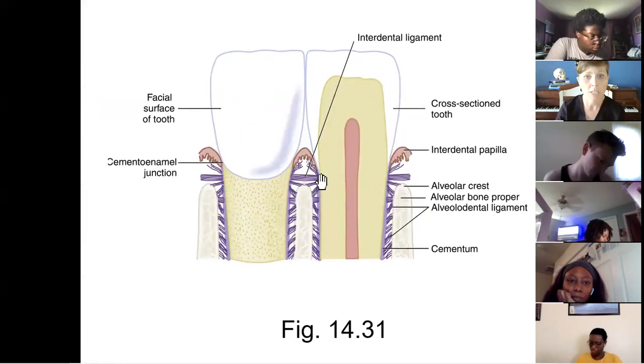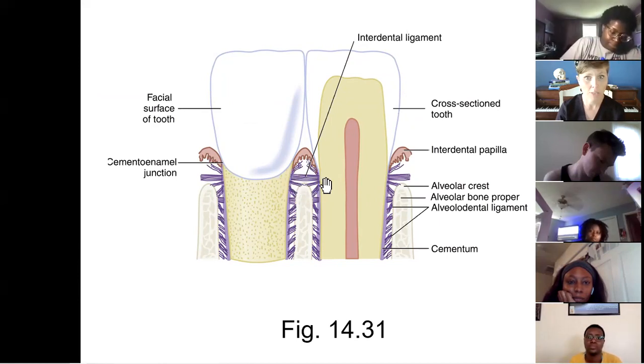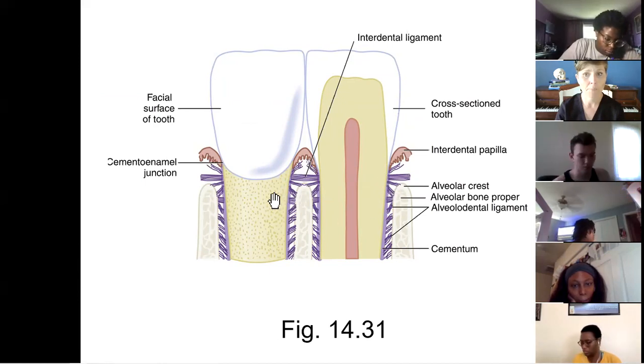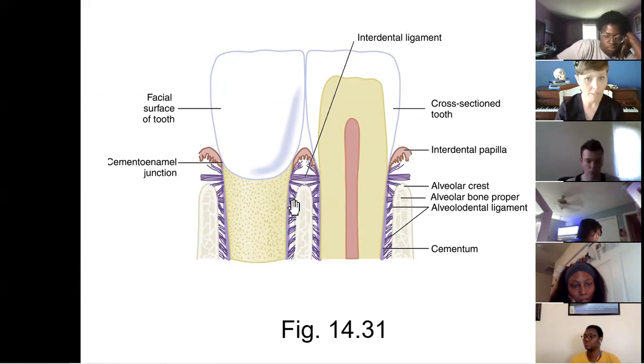So here is your junctional epithelium right here, right? Here is your cementum. Here's your alveolar crest, so it's going to go across here. That's your interdental ligament. Then your alveolar crest, and then your horizontal, more oblique.